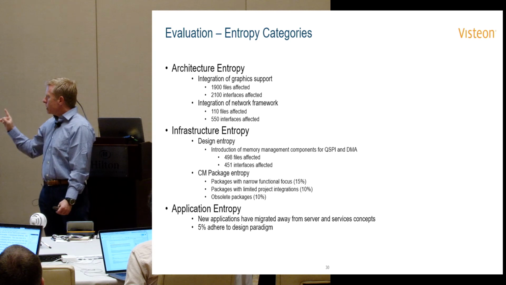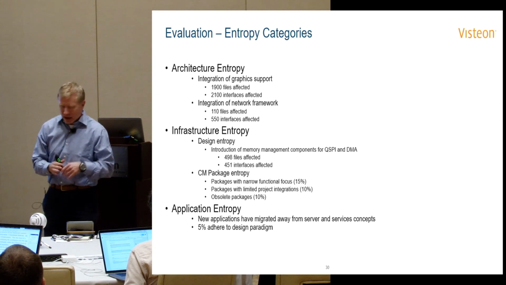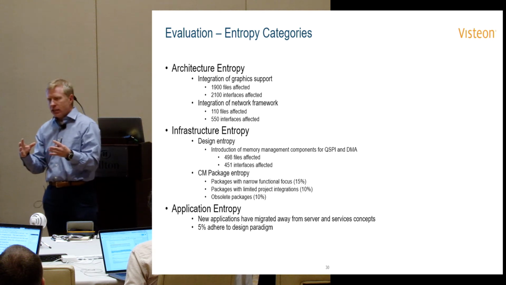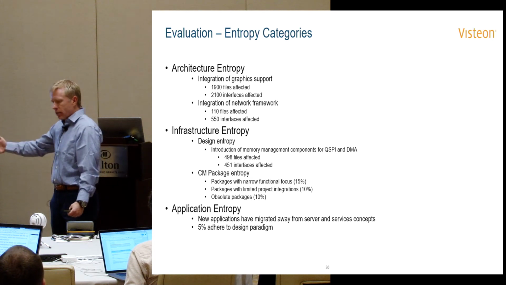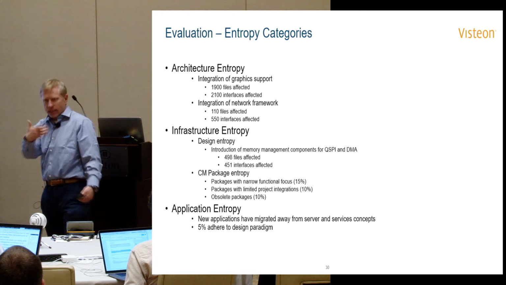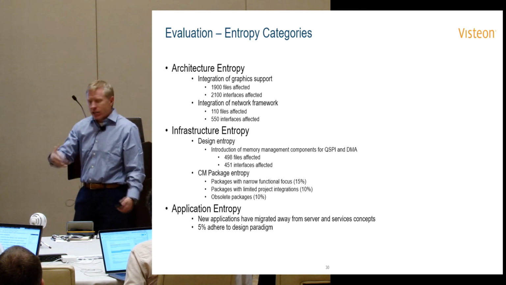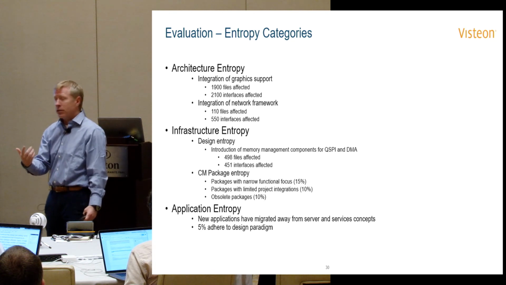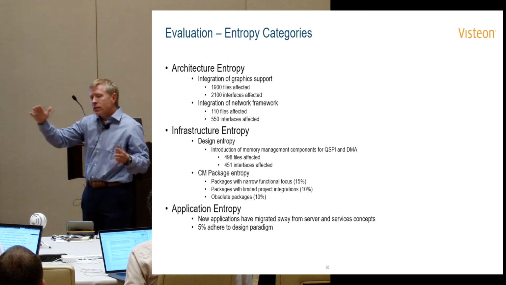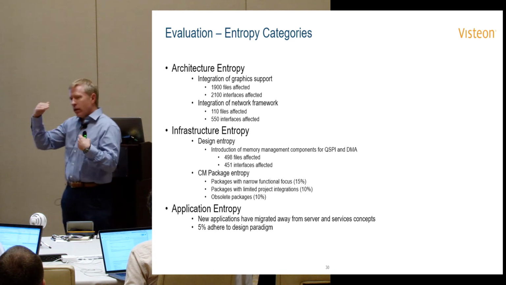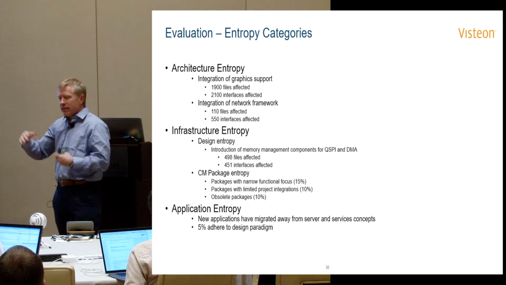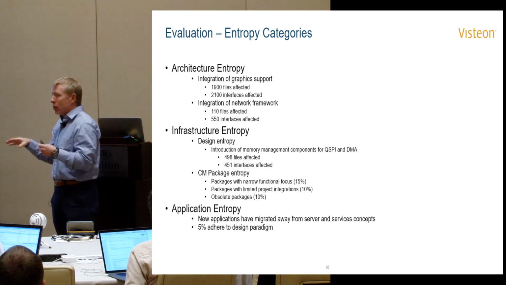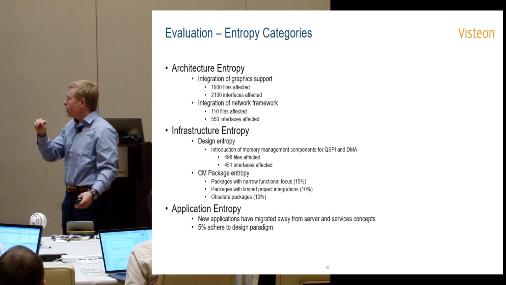And then finally, CM package entropy. Okay, configuration management. The way it was done is that we create these reusable packages that can be deployed onto products. So they have a generic name. Let's talk about the odometer. The thought is all odometers are the same. They may look different, but they all are the same. So we have an odometer package. So I wanted to go through the entire list of all the packages that we're using from the configuration management system and say, okay, how many of these are truly being used, how many are being reused, and how many are not effective in what they are used for.